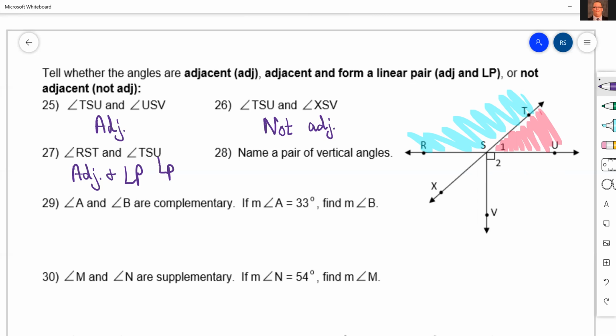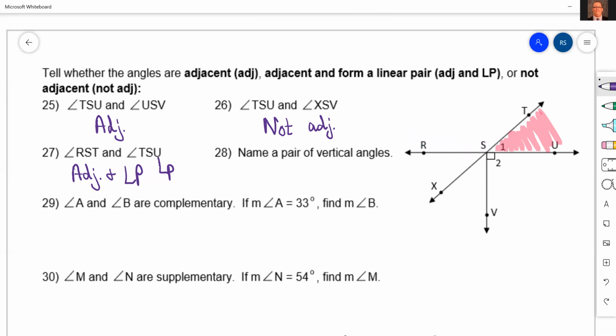Okay, 28. Name a pair of vertical angles. So remember, vertical angles are where you have two lines that cross each other. And then angles on the opposite side of that crossing are considered vertical.